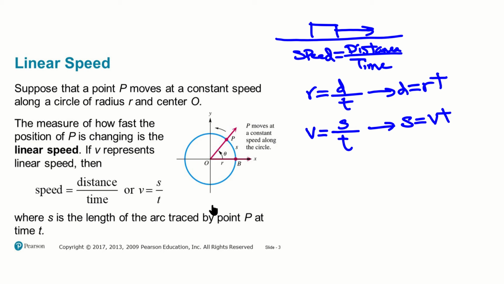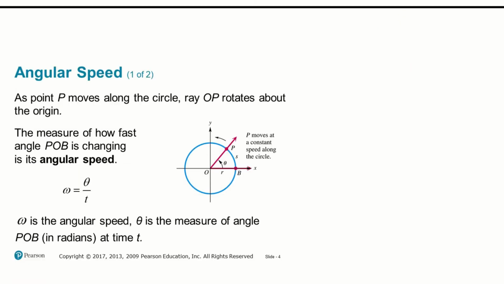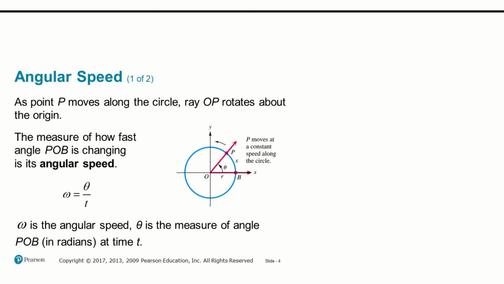Now, as far as this object that we discussed up here, that's the only kind of motion it can have. But when it comes to the object moving along a circle, we can also talk about how that angle is changing. And that brings us to the notion of angular speed.